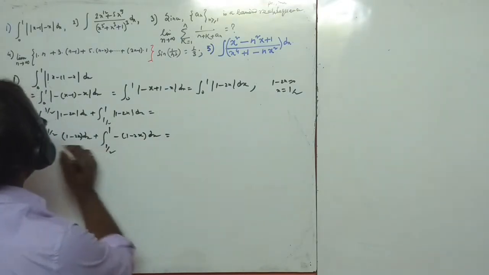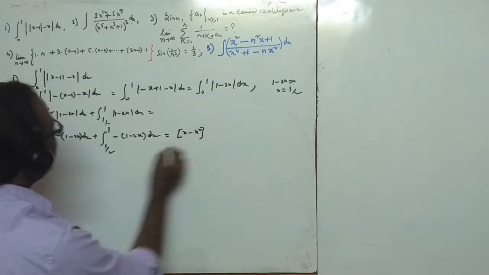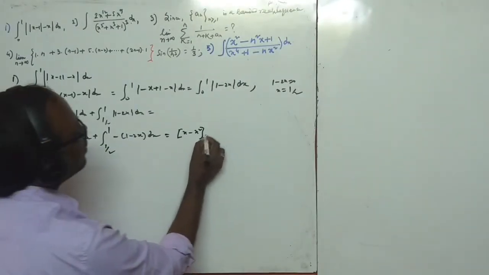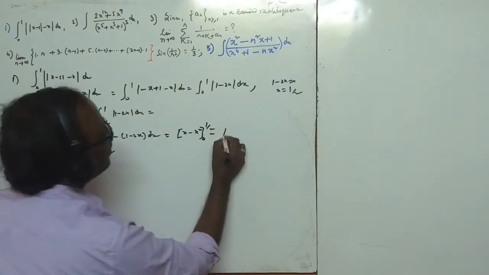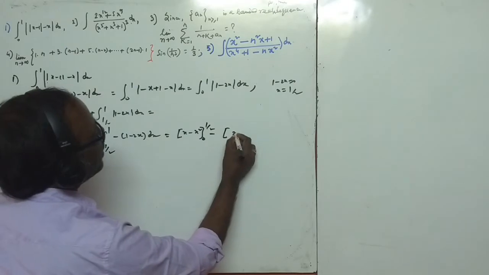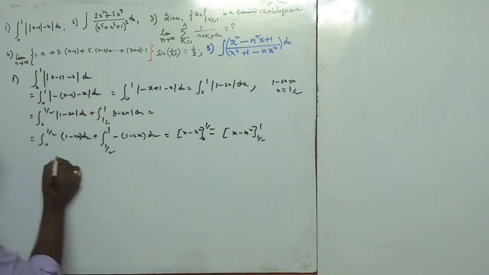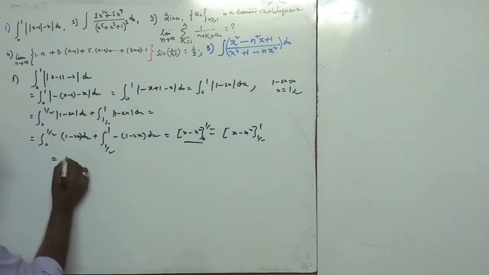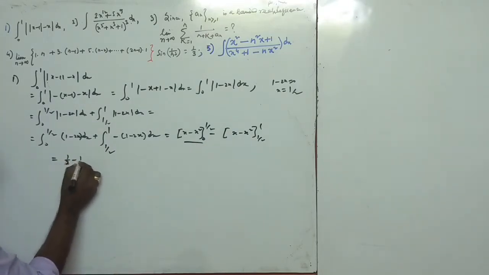See, integrate this: x minus x square from 0 to half, and again here is minus, x minus x square from half to 1. Now calculate: here 1 by 4, so this is half minus 1 by 4.